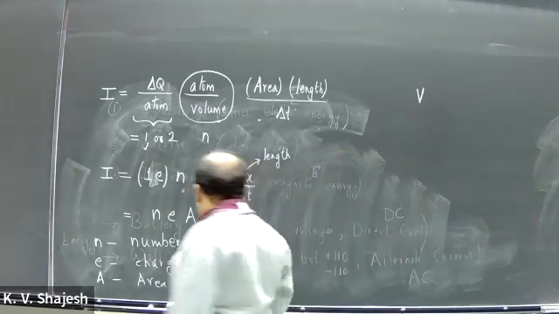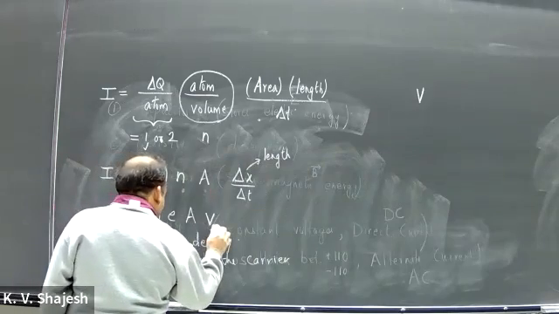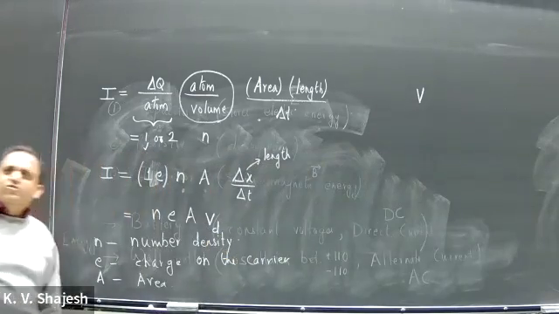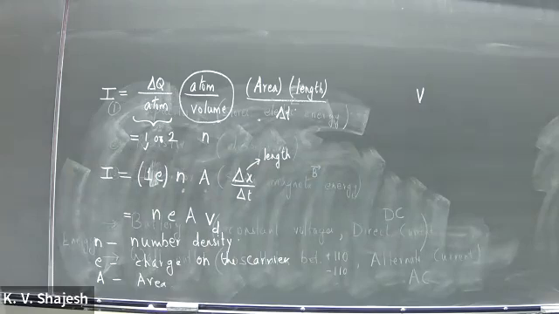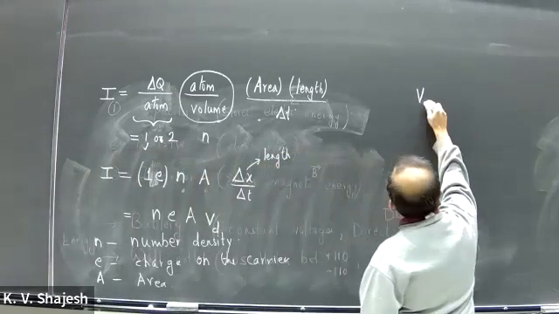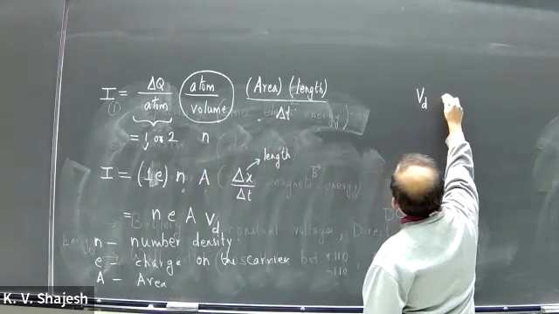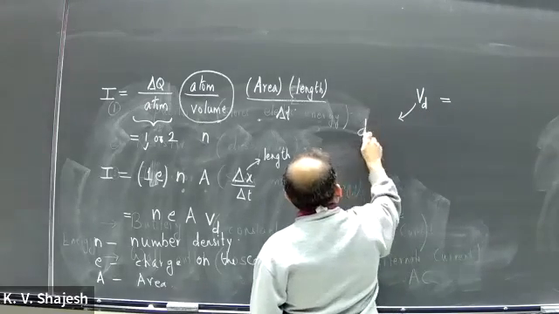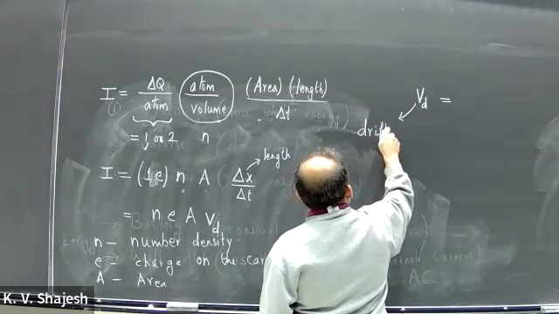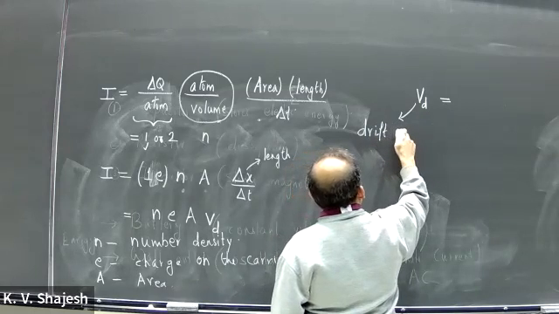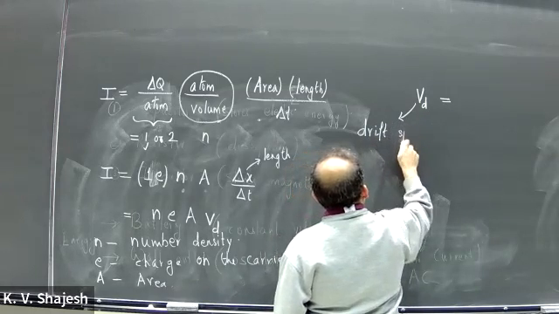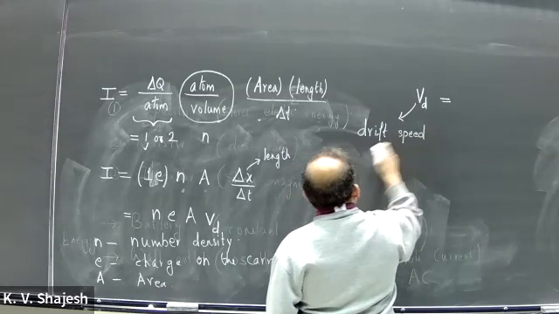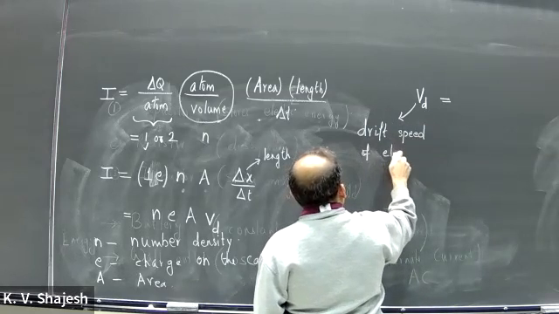And just to emphasize that this is not going to be the velocity that we're talking about, let me also introduce a subscript D here, so that I don't have to come back and change this. This will be called the drift velocity, or speed of electrons.